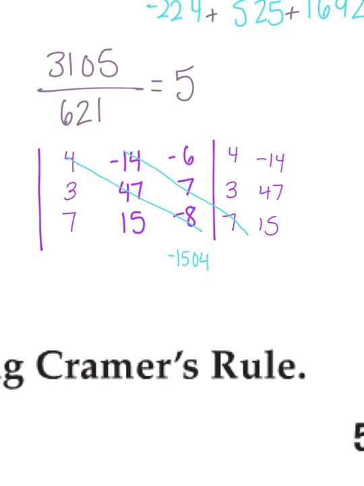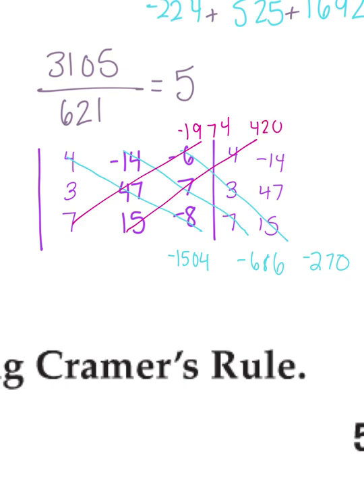Multiplying here, I get negative 686. And multiplying here, I get negative 270. Now multiply the other diagonals to get negative 1,974. Multiply to get 420. And multiply to get 336.